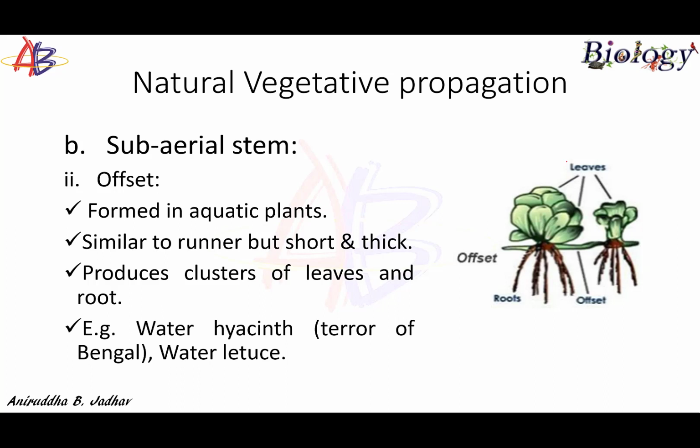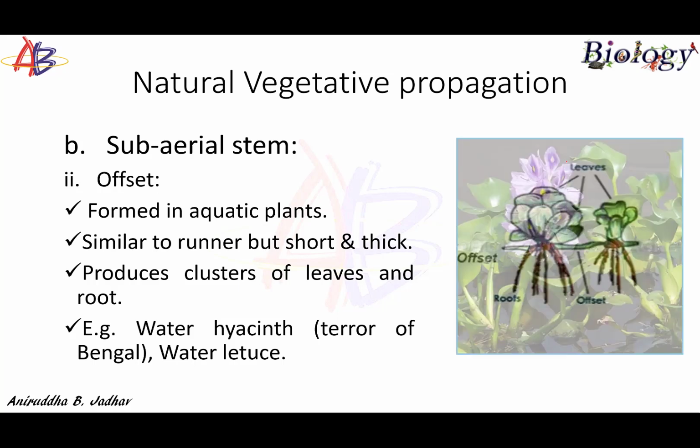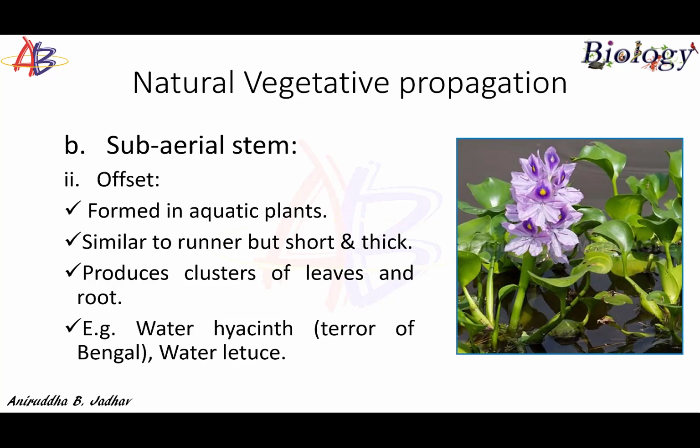Now, the water hyacinth is also referred to as the terror of Bengal. The reason behind this: the water hyacinth was introduced in Bengal because of its beautiful flower and shape of leaves. However, it turned out to be a highly invasive aquatic weed which has spread throughout the water bodies.